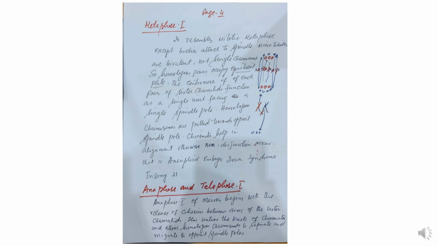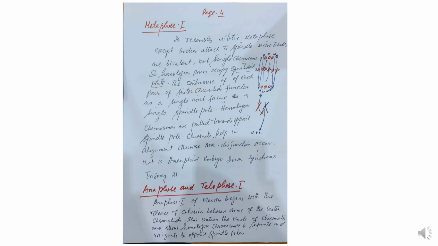Similarly, they are attached to the center of the spindle, where the spindle has its maximum diameter, because at the sides it is narrow and the central part is wider. So the name equator is given.